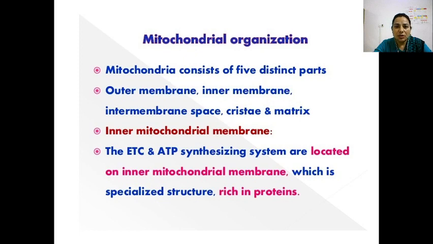The mitochondrial organization. Mitochondria consist of 5 distinct parts: the outer membrane, the inner membrane, the intermembrane space, the cristae and the matrix. The electron transport chain and the ATP synthesizing systems are located in the inner mitochondrial membrane, which is a specialized structure rich in proteins.